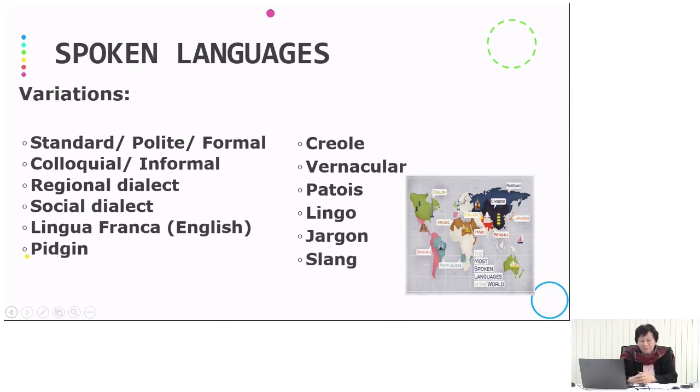For example, people who speak the central dialect in Thailand would consider that the language they speak is vernacular. For example, people from Kanchanaburi or Suphanburi, right?